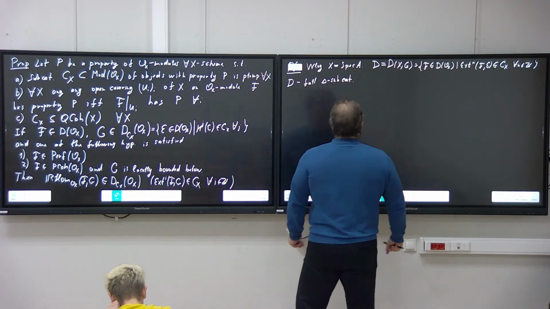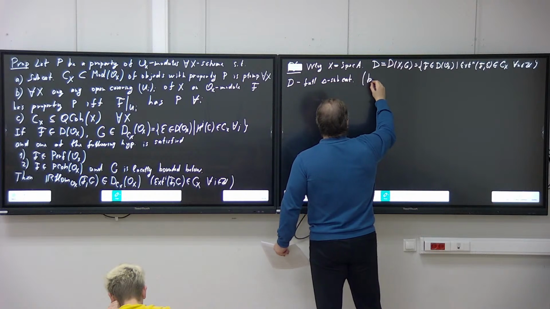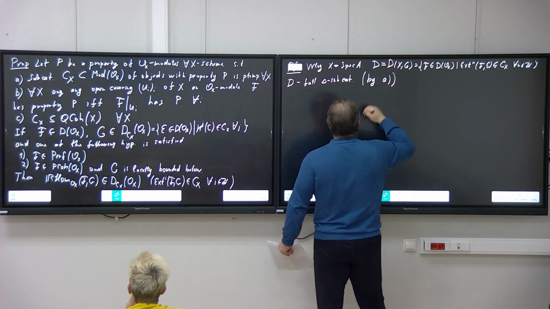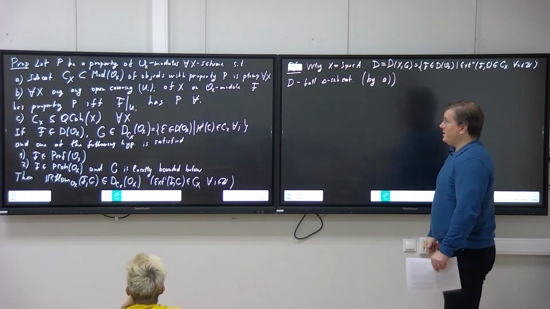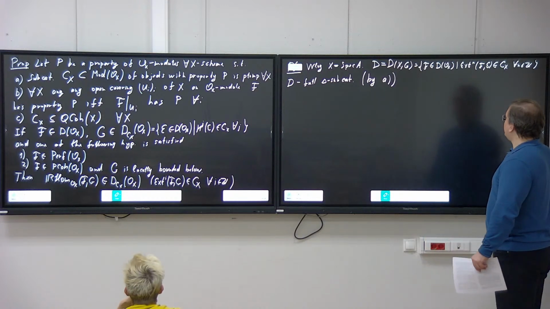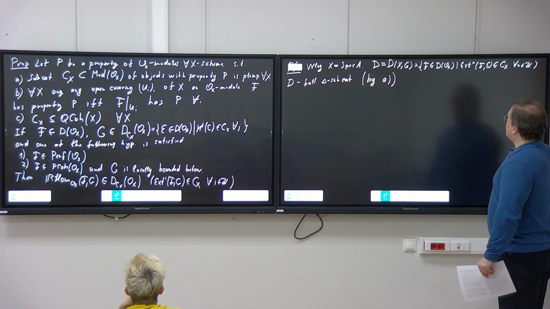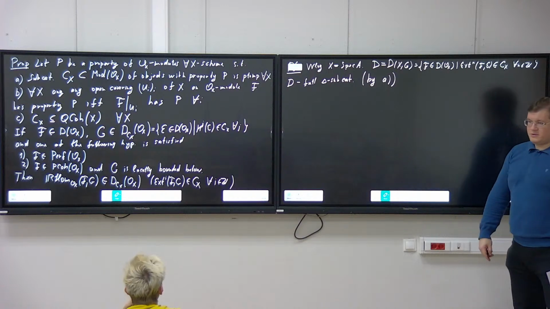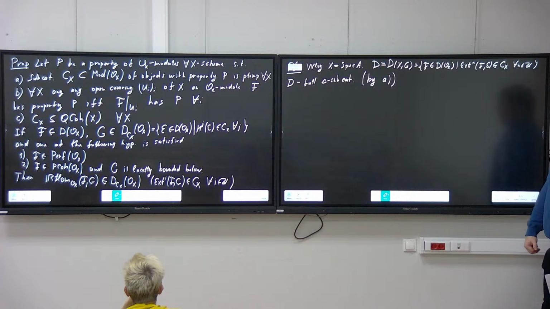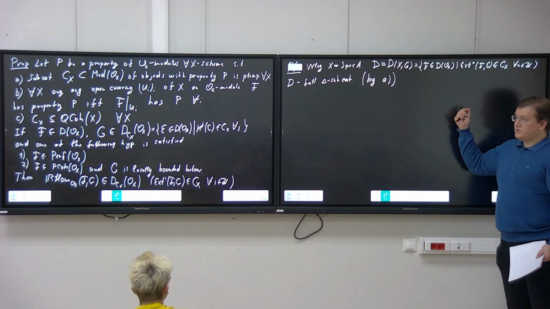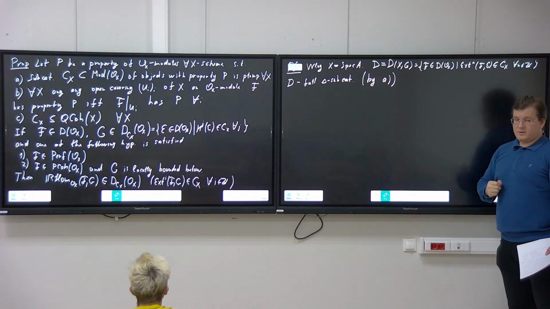And this follows from A, since this is a plumb subcategory. First of all, clearly this is closed under shifts, so there's nothing to prove here. But if you take a distinguished triangle, for example, where you know that two vertices are in this subcategory, you want to show that the third vertex is in this subcategory.